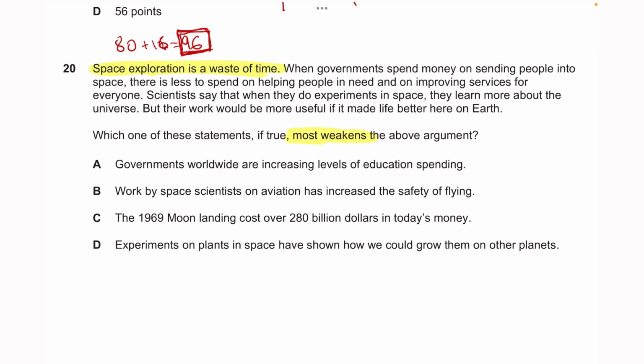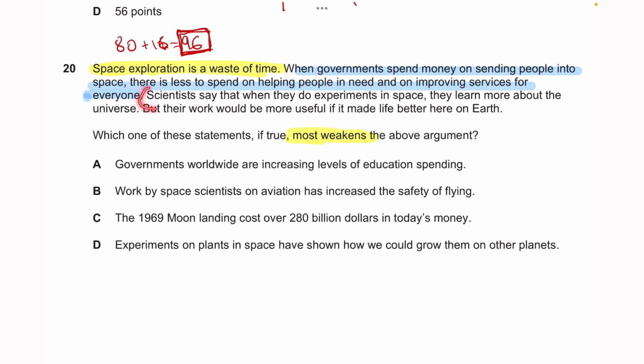Now, if we have a look, when governments spend money on sending people into space, there is less to spend on helping people in need and on improving services for everyone. And so this is the reasoning that they're giving us for why space exploration is a waste of time. And it says scientists say that when they do experiments in space, they learn more about the universe, but their work would be more useful if it had made life better here on Earth.